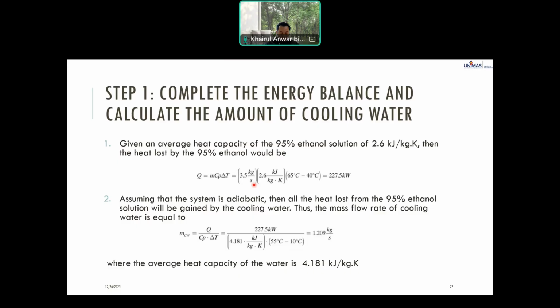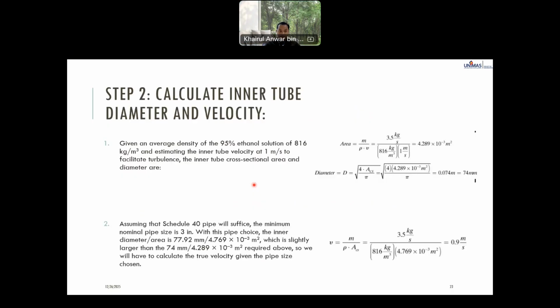That is step 1. Step 2, calculate inner tube diameter and velocity.